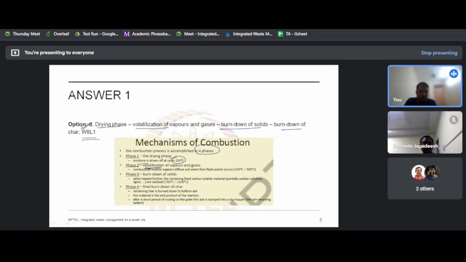Then we volatilize the vapors and gases, which occurs at a higher temperature, around 150 to 700. Then we take it even higher, up to 1100, for burning down the solids. So this is phase one, phase two, phase three, and finally we burn down the char, that is phase four. In these four stages, the mechanism of combustion is performed.